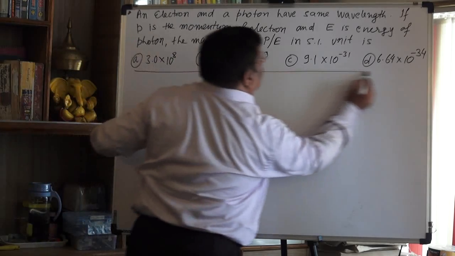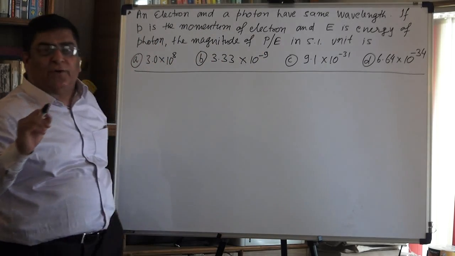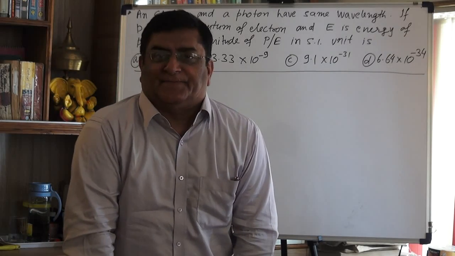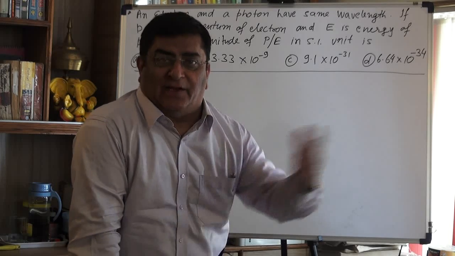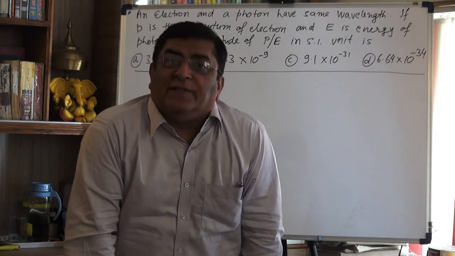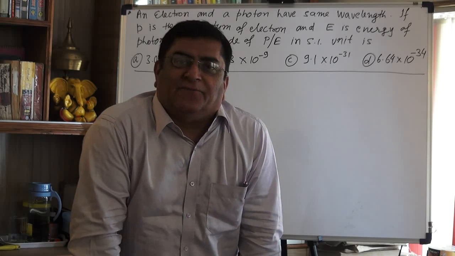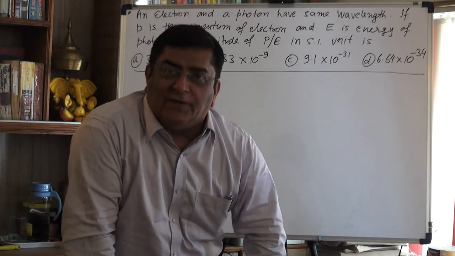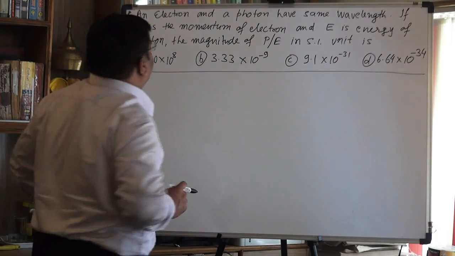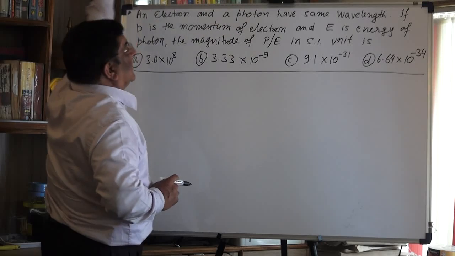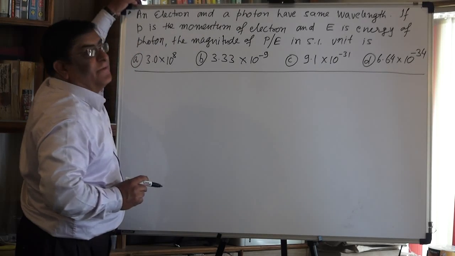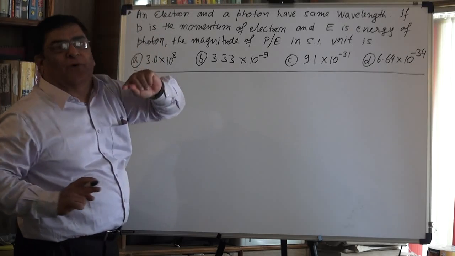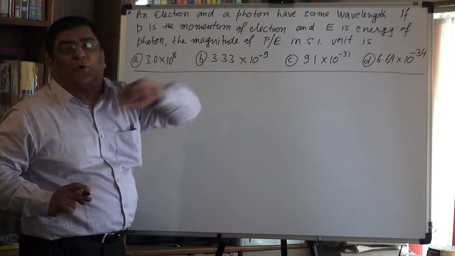In dual nature, what we study is that the electron travels in waves and the photon has a material nature. It can have momentum like an electron has. So in that case, we must understand that the relations are the same for electron as well as for photon. How? P is momentum of electron. The formula for momentum of electron is the same as the formula for momentum of photon.